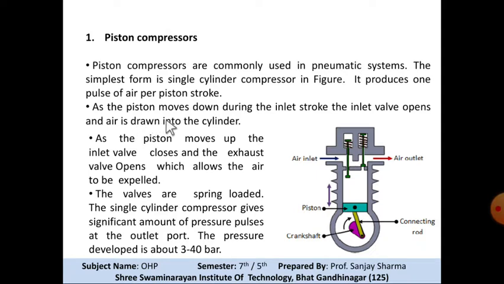Now this is the piston compressor. Piston compressors are commonly used in pneumatic systems. The simplest form is here. You can see the construction. It looks like an IC engine. It has an intake port and a delivery port.